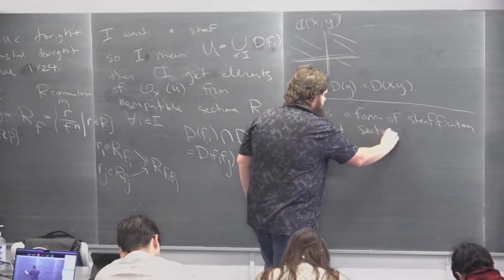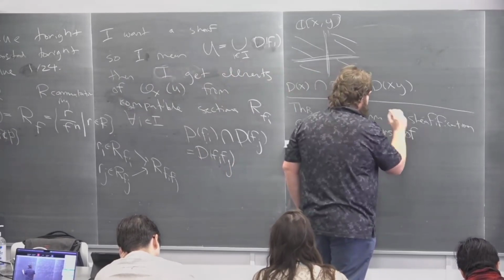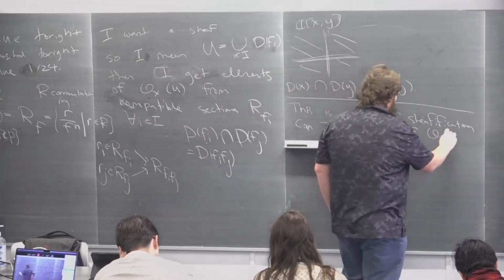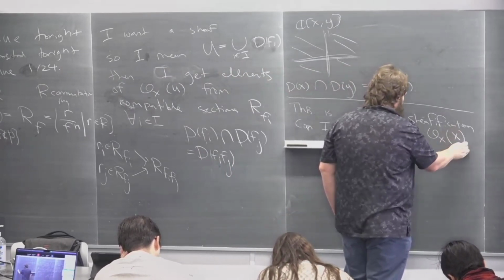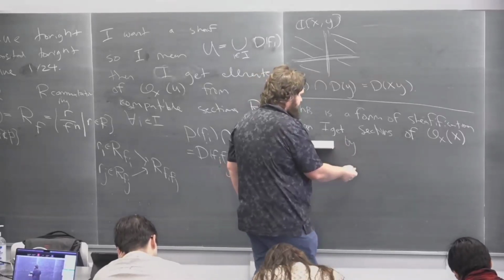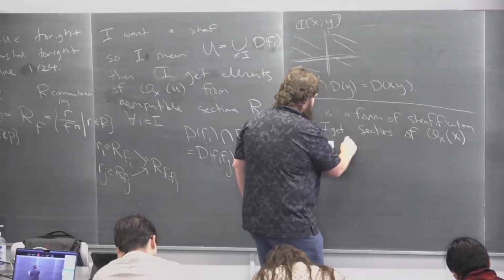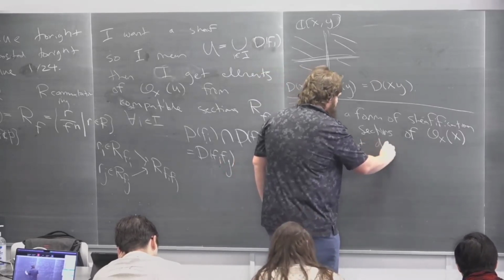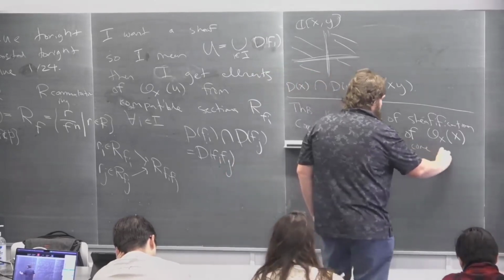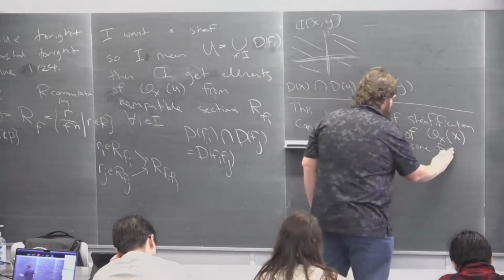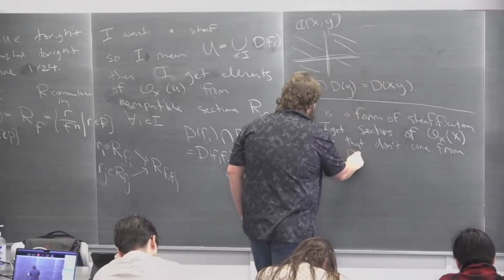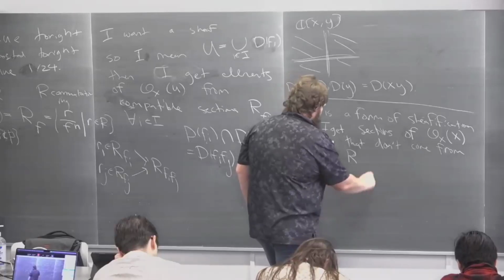So can I get sections of O of X itself by some sort of weird unexpected gluing that don't come from R itself?